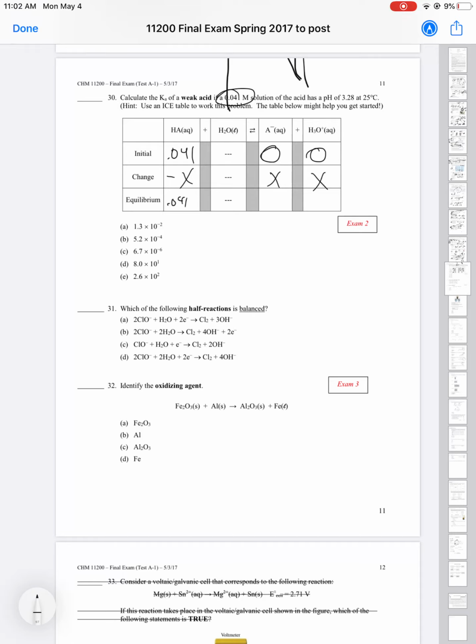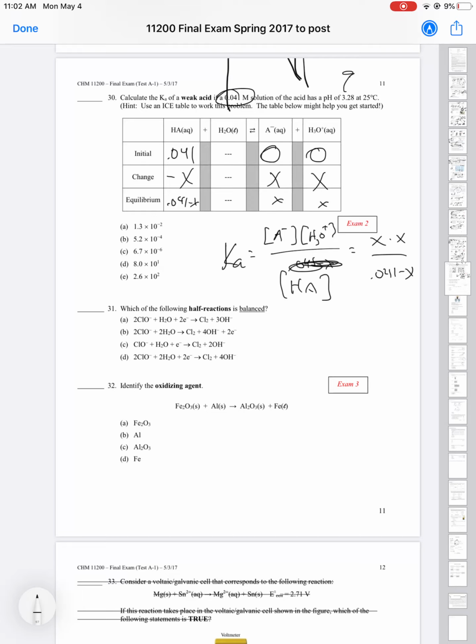And then we can say 0.041 minus X, and X and X. And then we know the Ka is equal to the concentration of A minus times the concentration of H3O plus over the concentration of HA. So that's X times X over 0.041 minus X.